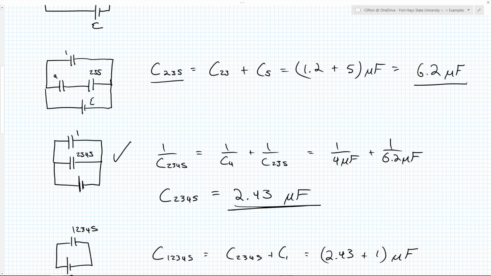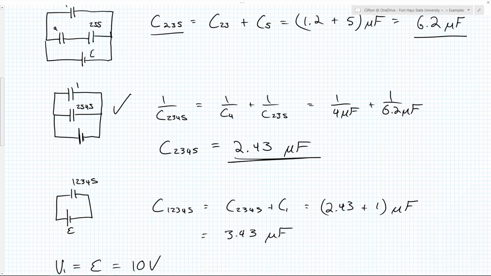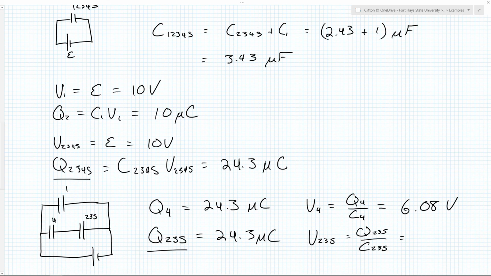That is 6.2 microfarad. And I get 3.92 volts. So these two voltages should add together to give me 10. Right, so the voltage across 4 and this effective capacitor should be equal to the EMF voltage. And if you add those two together, you get 10.